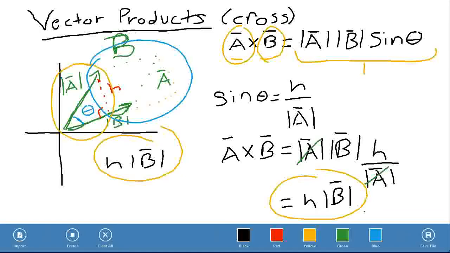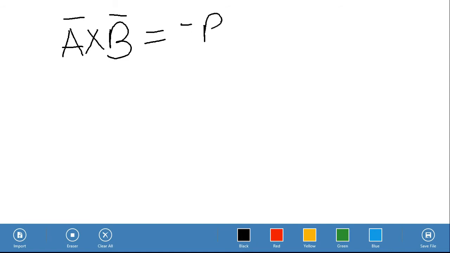All right, now let's look at a couple of properties of the cross product. The biggest one that I want to point out, which is different from things you may have seen in math before, is that A cross B does not equal B cross A. What it equals is minus B cross A. If you've had linear algebra, that's because when you swap two rows when taking the determinant, it flips the sign.